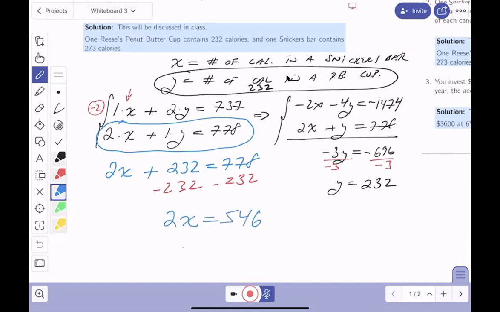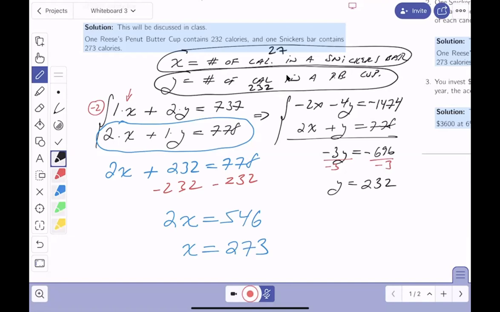Then I'm going to divide by 2. What does that tell me? This over here is 273. I want to look at my key and see if I got it right, by the way. It says 1 Reese's peanut butter cup contains 232 calories. I got that. And 1 Snicker bar contains 273 calories.